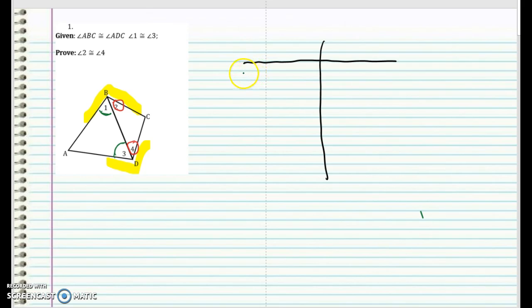So we're going to start off with our givens. Angle ABC is congruent to angle ADC, and angle 1 is congruent to angle 3. And those are both given.